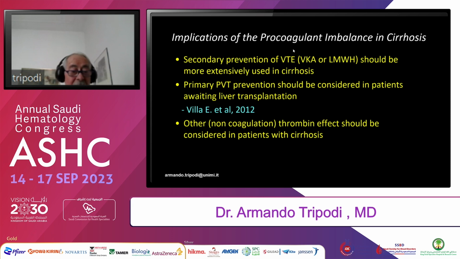And also, I would say that some other non-coagulation thrombin effects should be considered in patients with cirrhosis. Thrombin may have some other effects which are not directly related with coagulation, and this should be taken into consideration in these patients. And I hope that there will be future research in this field.